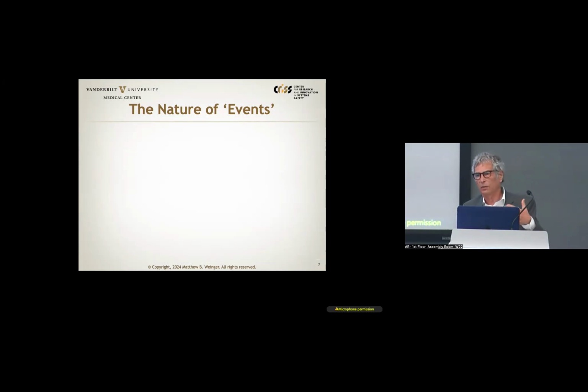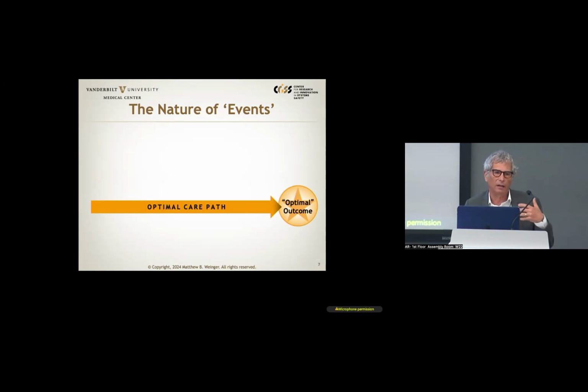But 25 years ago, I stole from nuclear power the concept that any deviation from standard operating procedure is worth investigating. And so we called it a non-routine event. And in healthcare, it's reframed as any deviation from an optimal care path for that specific patient and their outcome, which may not be a return to normal health, but it's certainly, you don't want it to be a degradation in health that wasn't intended.